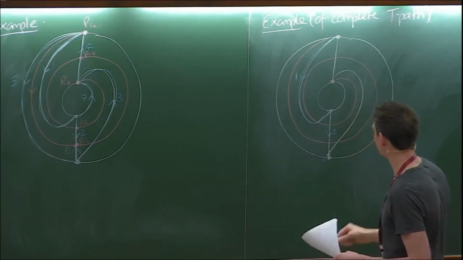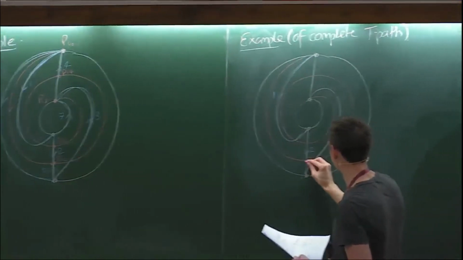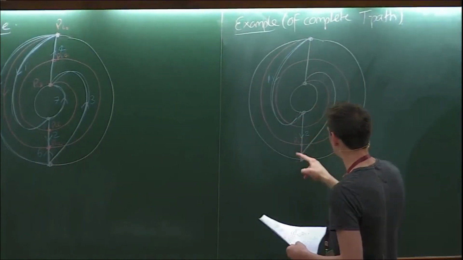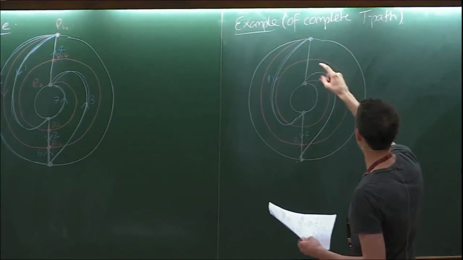Okay, before we do this t-path, let's just go along and look at the order of intersection points. So this one is P1. We go along, this one's P2.